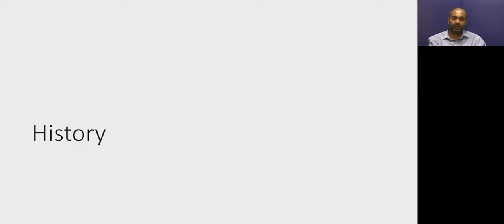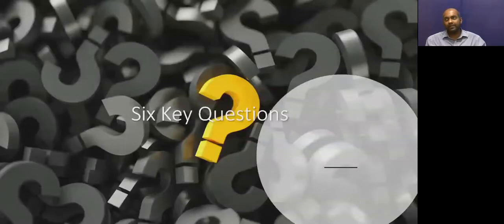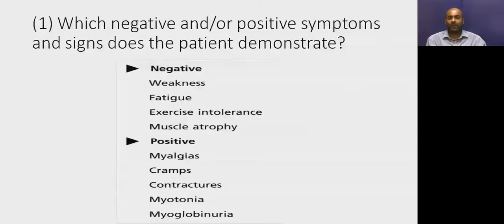Coming to history. In history taking in muscle diseases, we basically have six key questions to ask. The first question is, which negative and or positive symptoms does the patient demonstrate? Muscle disorders can present with negative symptoms or positive symptoms.